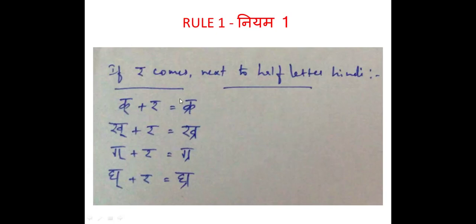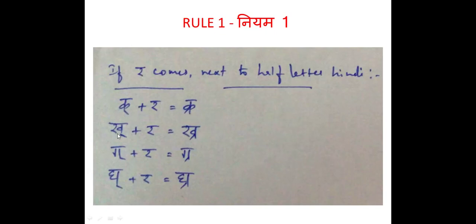Now how will you pronounce this? Kra. If Ra comes next to a half letter, you should not write the Ra fully in that letter. You have to cut short this Ra and write it as a short line. Now it is called kra. K plus ra is equal to kra.